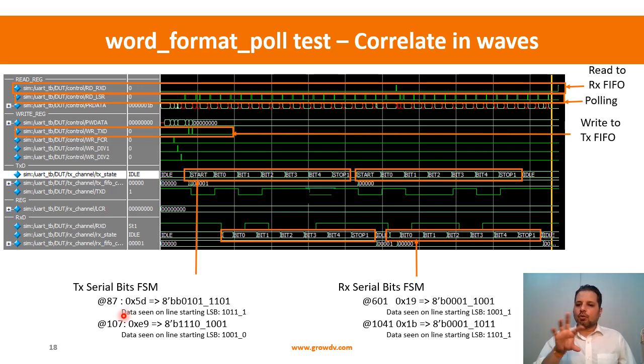So you should be able to correlate all 4 of them. We saw LCR, how it is programmed, and we correlated that in the log file. From the log file we extracted, correlated that to the specification, brought it to the waveform, and we are able to confirm that it is doing it in the same way. So this is a process that you do while you are debugging a failure.